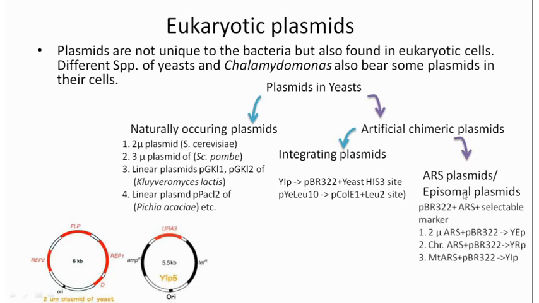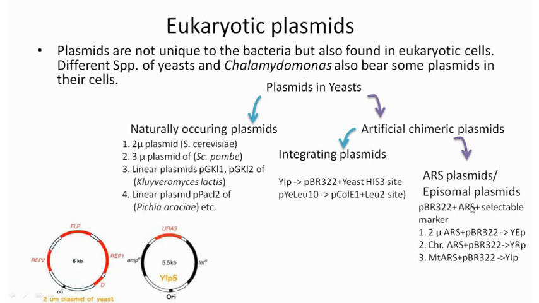So now let us talk about the ARS plasmid or episomal plasmid. They are of 3 types, in fact. If you group them, you can categorize them in 3 types depending on the ARS that is being used. The rest of the part is the same as that of the integrating plasmid, but the ARS you can obtain from the chromosomal DNA, from the 2 mu circle, or from the mitochondrial DNA.